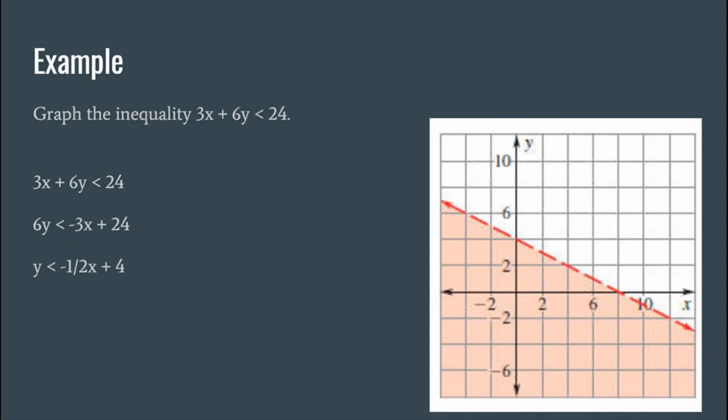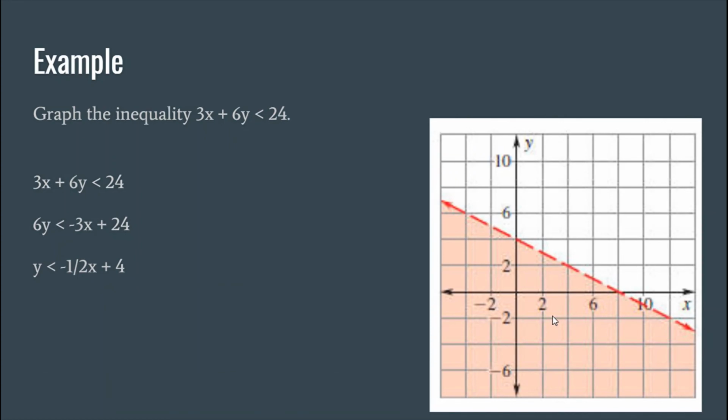Now we need to see where we're going to shade. Since we have it in slope-intercept form, we have y is less than. Remember on the slide where we had the steps, if you have y is less than or y is less than or equal to, you're going to shade below the graph. Every graph of a line has an above and a below. For this one, this area here is above the graph, and this area here is below the graph.